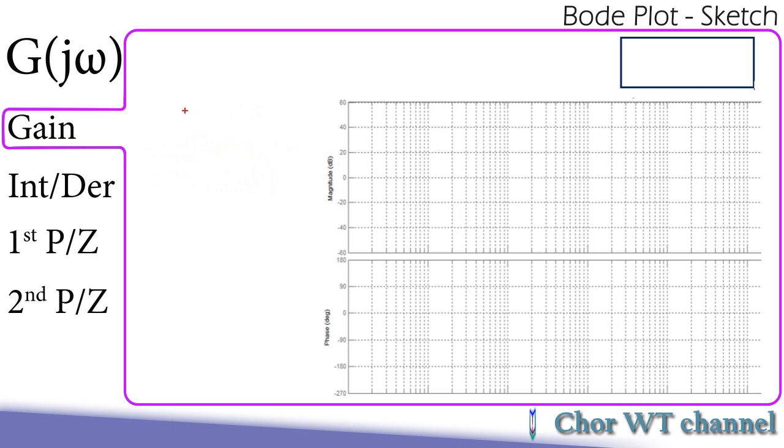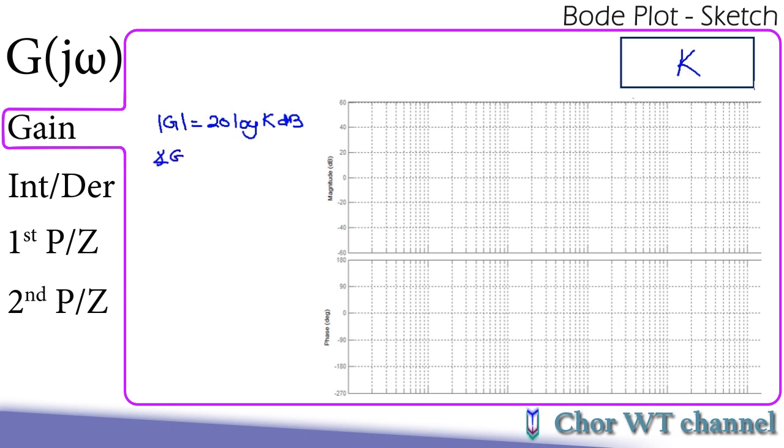Okay, let's begin on the first step. The first component that we will be looking at is k, and k is just a simple gain. The magnitude of g will be 20 log k dB.